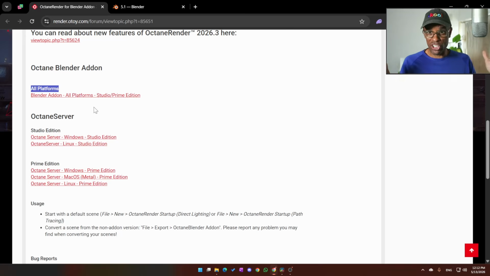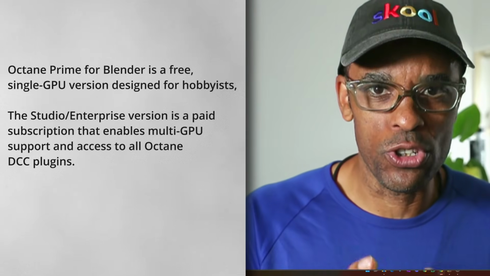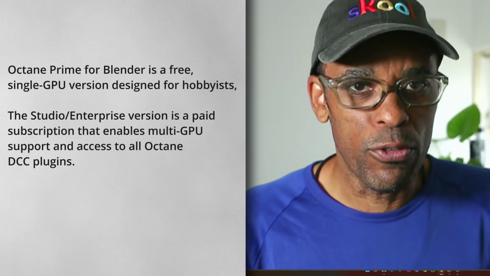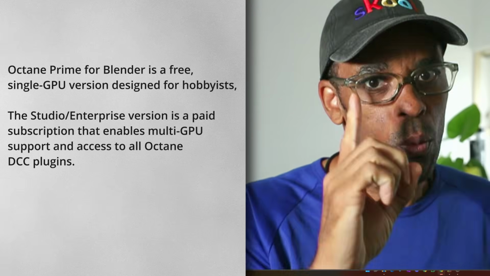Oh, there's a paid version, I've got to pay? The paid version, which is called Studio, let's go large because there's a lot of people who get confused here. The Studio version is paid and it allows you to use multiple GPUs. The free version only allows you to use one GPU. Now, why would I want to pay?